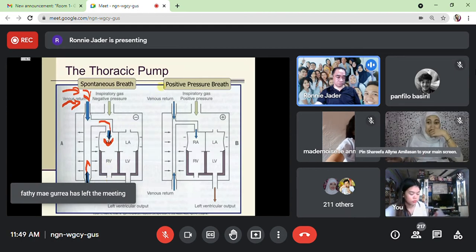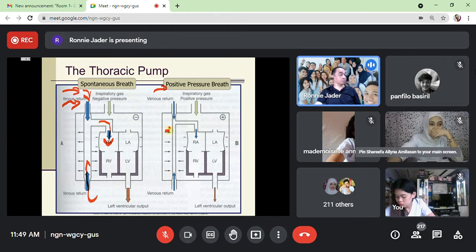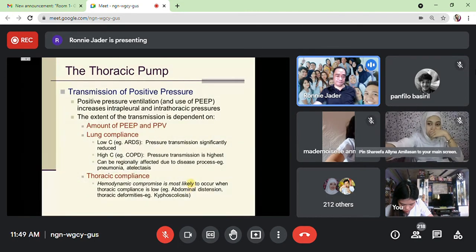Okay, with a positive pressure breath now, we actually push against these vessels, and that decreases our venous return. So we're pushing some of the blood out of the thoracic cavity, limiting right atrial preload, limiting right ventricular function. So that's a major effect on the cardiovascular system. All right, there's nothing we can do about that.